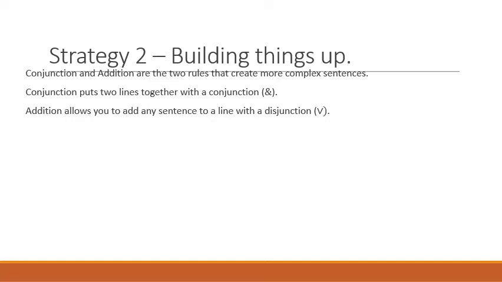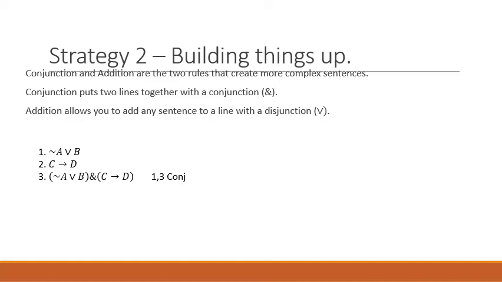So bear in mind that with disjunctions, with or sentences, only one of them has to be true. So if you have something on the line, we're assuming that that is true. And so if that's true, then that or anything else is going to be true, and thus it's a legal move. So here's an example of conjunction, right?